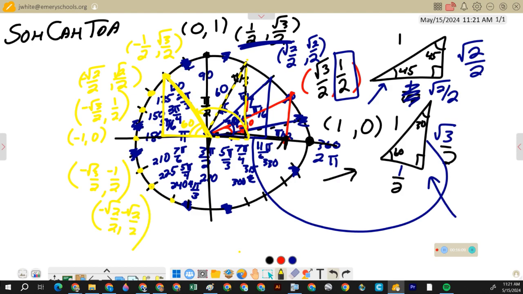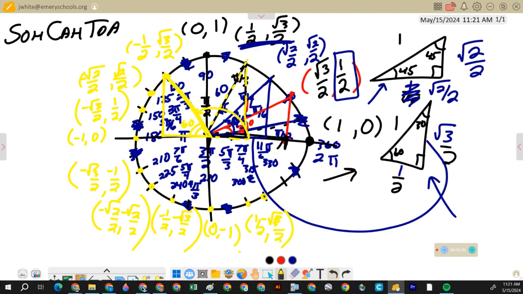Okay, the next one? Negative 1/2, comma, negative root 3 over 2. And the next one? 0, negative 1. And the next one? 1/2 on the x and negative root 3 over 2 on the y.